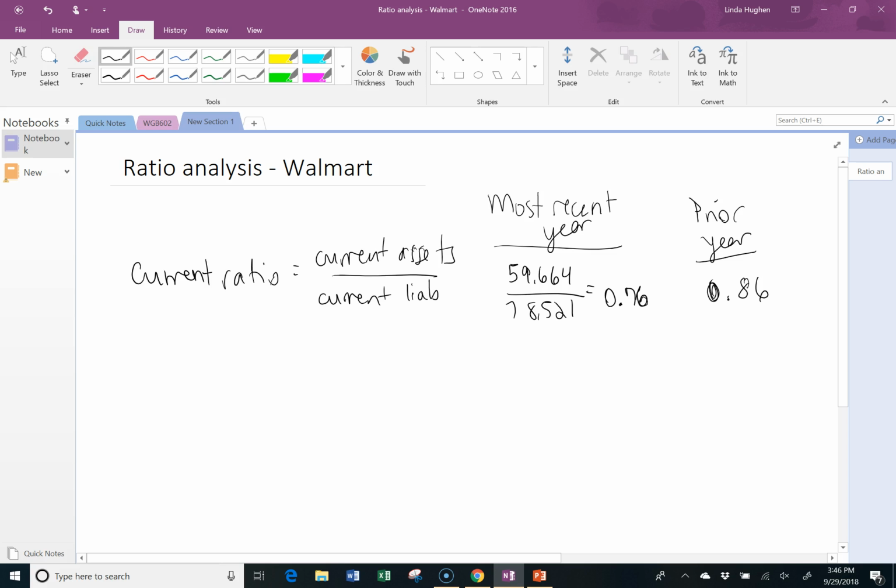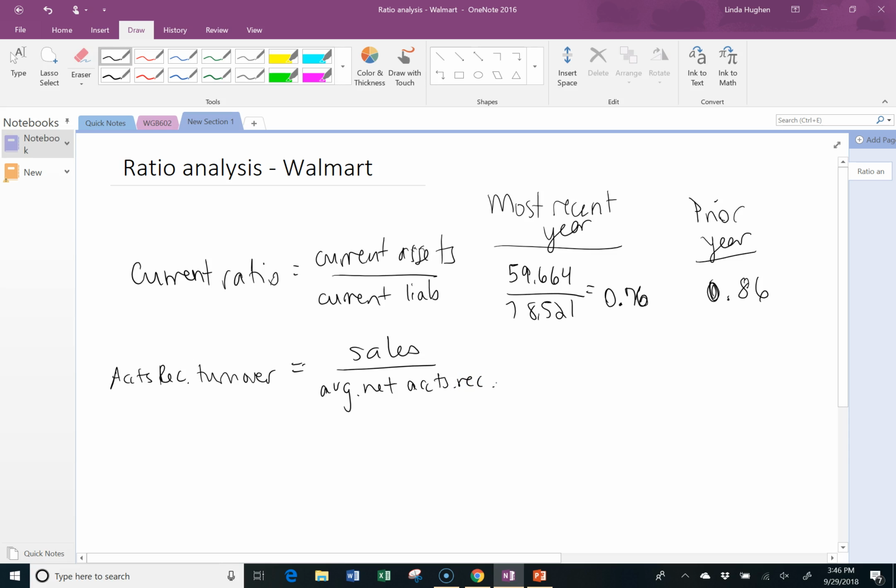Okay, now we're going to start with the ratios that we've done today. Let's look at the accounts receivable turnover ratio, which is equal to sales divided by average net accounts receivable.